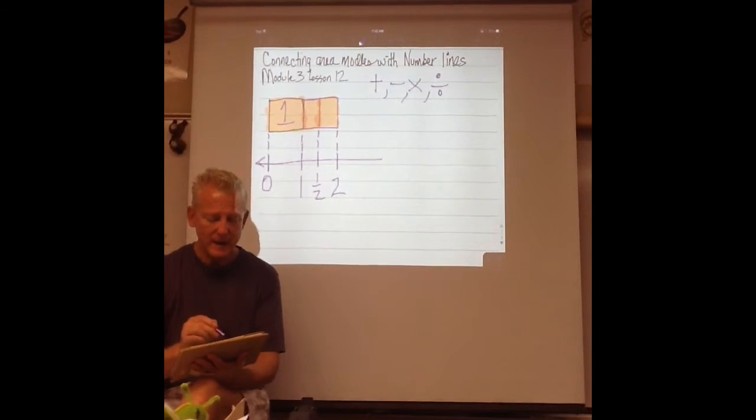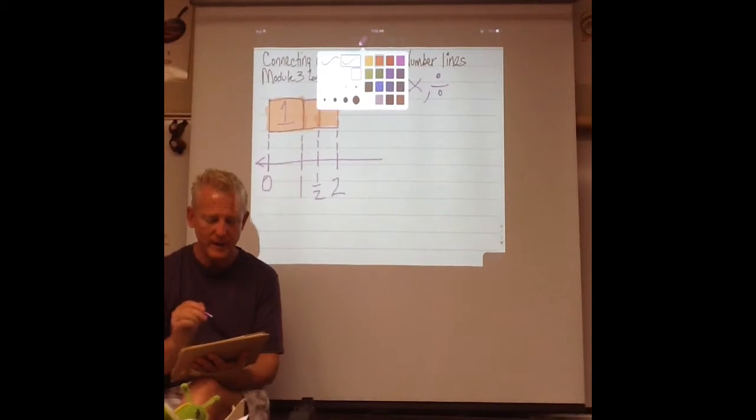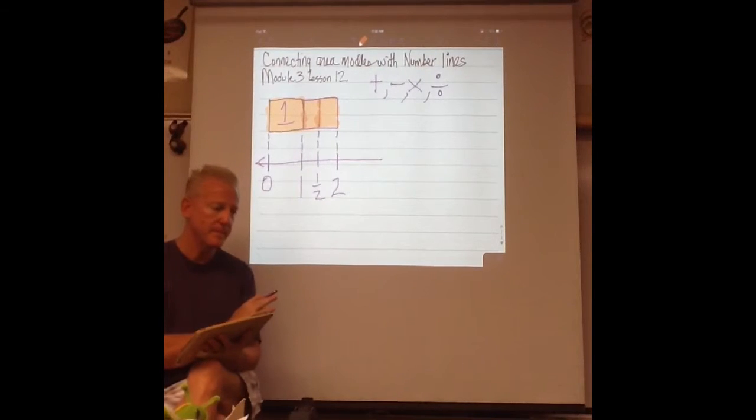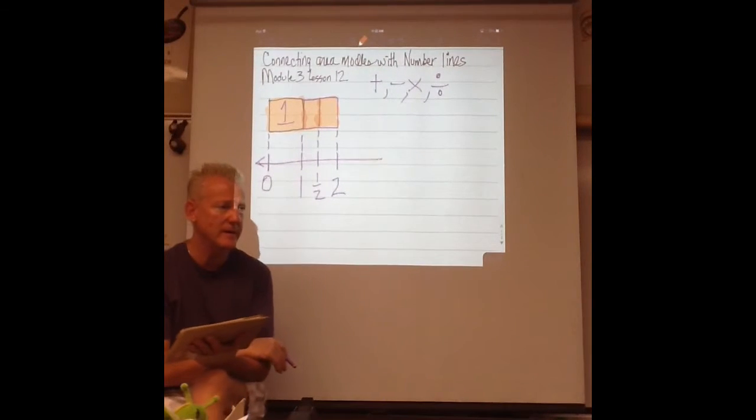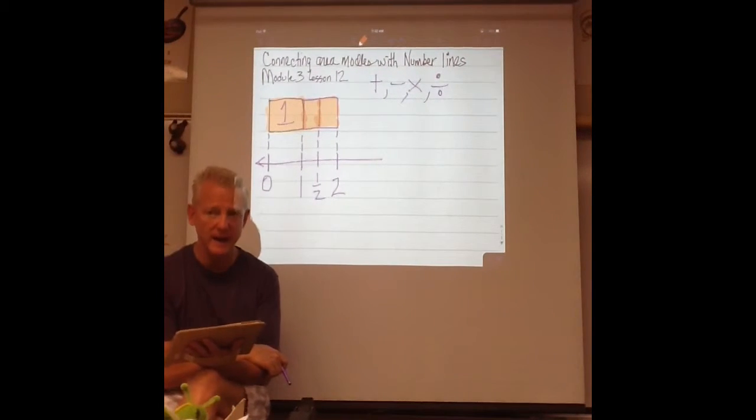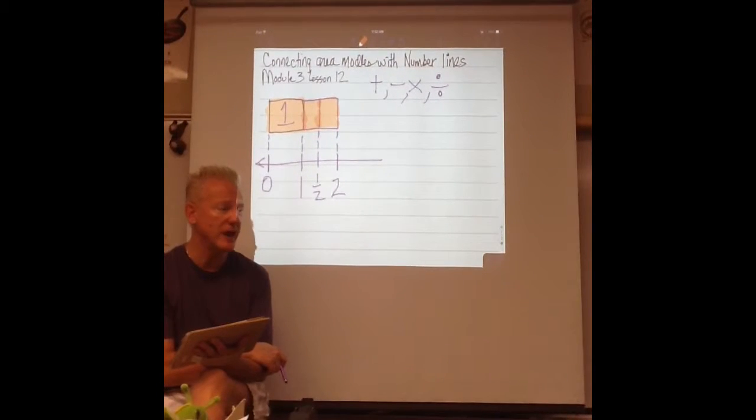What is all the area that's been shaded in? 2 wholes. We have 2 wholes.